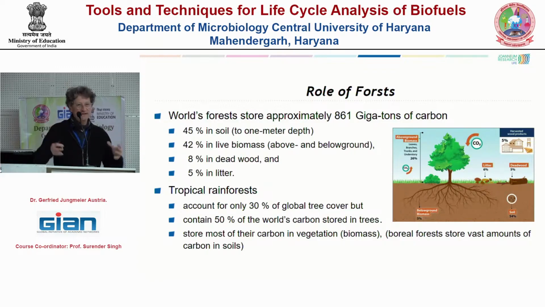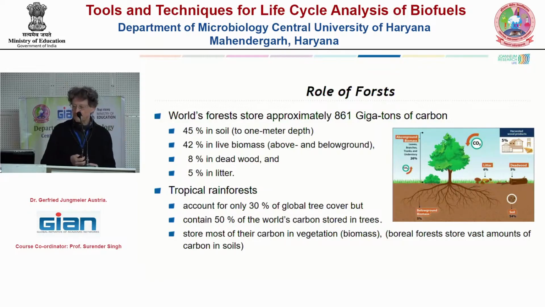Because in the trees, in the soil, in the litter, carbon is stored. And it's interesting to see that in the soil and in the living biomass, roughly the same amount of carbon is stored. So a really big amount of carbon you don't see because it's more or less in the soil. And as soon as you start changing the forest, you might also release additional carbon to the atmosphere.